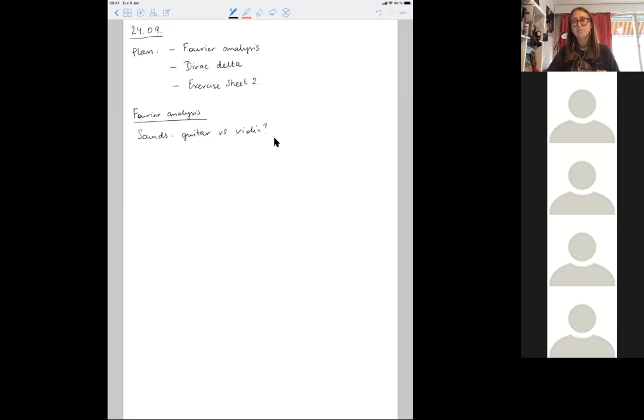The way instruments work is that the string vibrates and creates a sound wave which reaches our ears, and our ears are engineered to perceive these waves and hence perceive the sound.